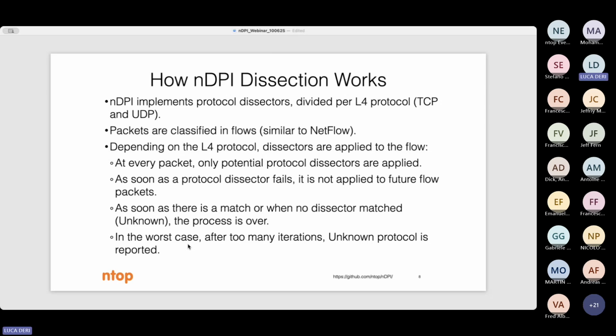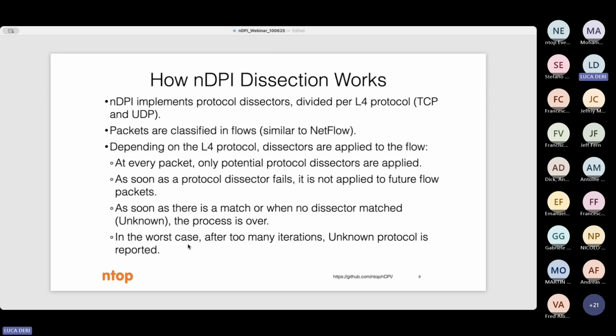Based on the flow, we apply dissectors. As I've said, we have about 450 protocols, so we have more or less this number of dissectors. Of course, we need to start from the dissector that is most likely to match the traffic. If you see UDP port 53, you will start with, for instance, DNS, which makes sense.